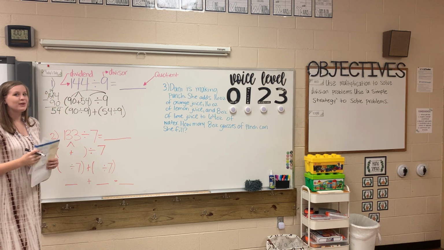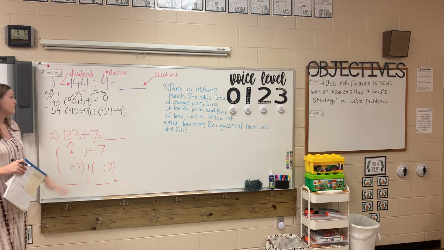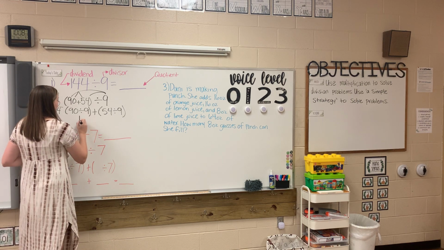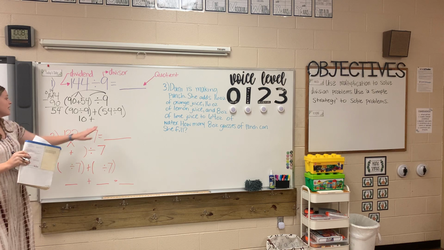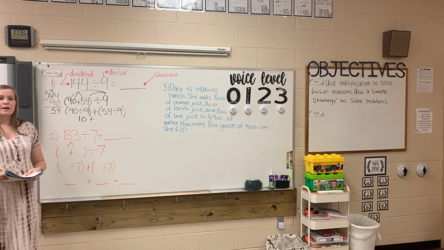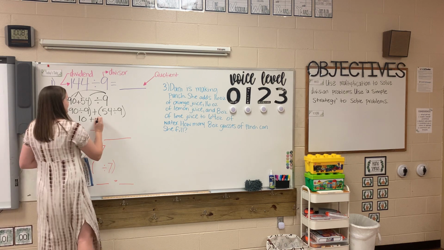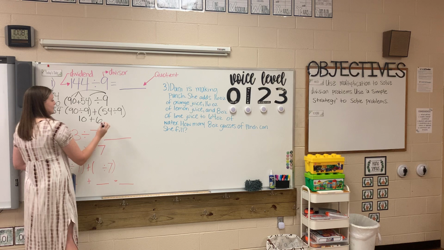And those are some that we should know without having to write it out like we would have with 144. So 90 divided by 9 is 10, because 10 times 9 is 90. 54 divided by 9 is what, boys and girls? 6, because 9 times 6 is 54. So what is 10 plus 6?